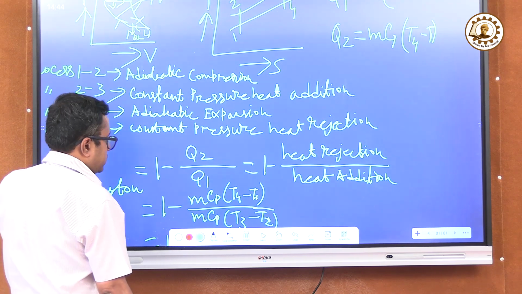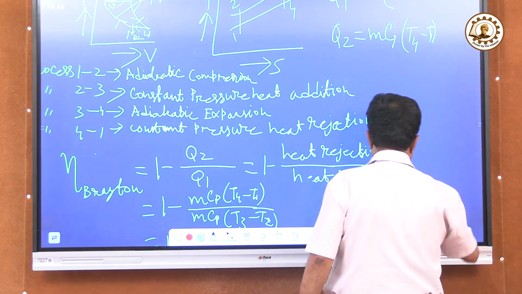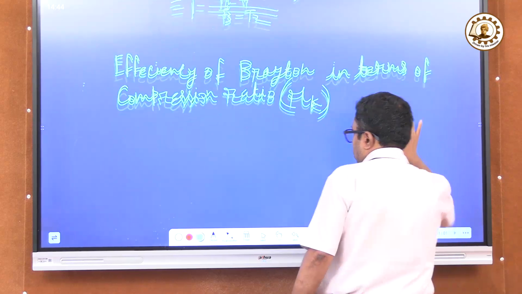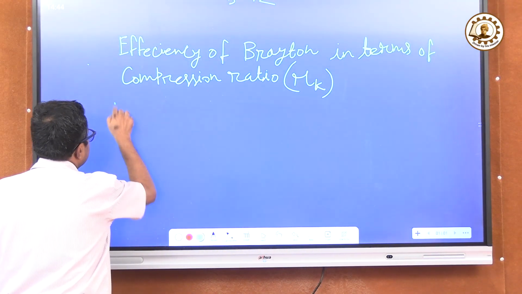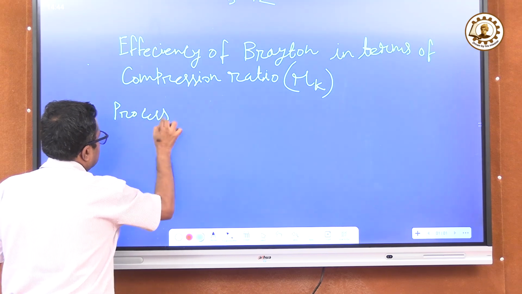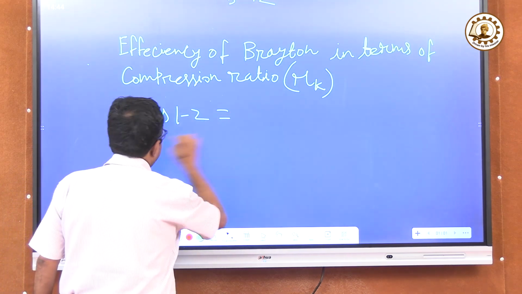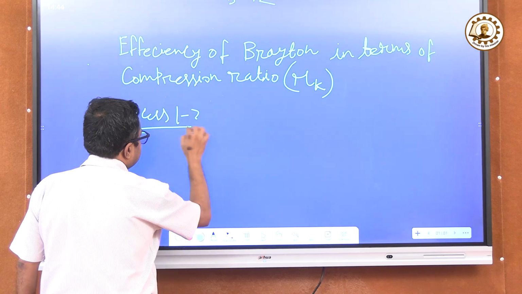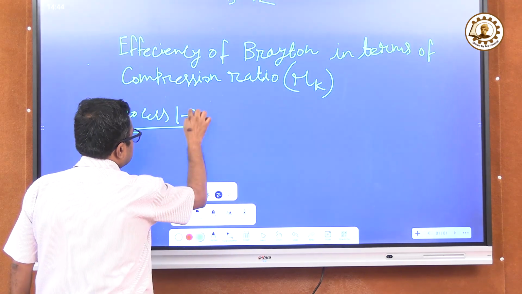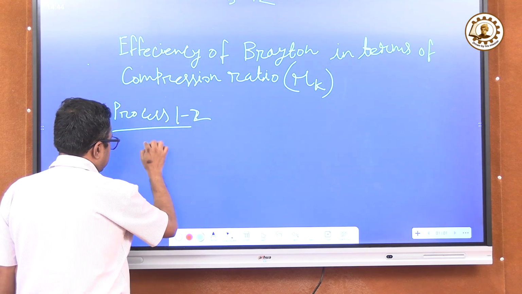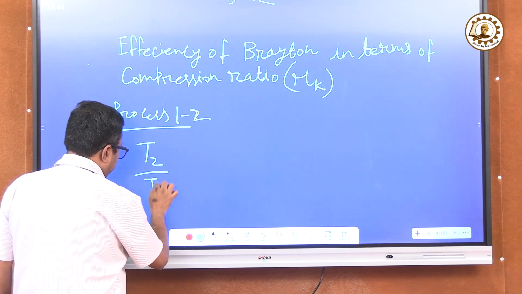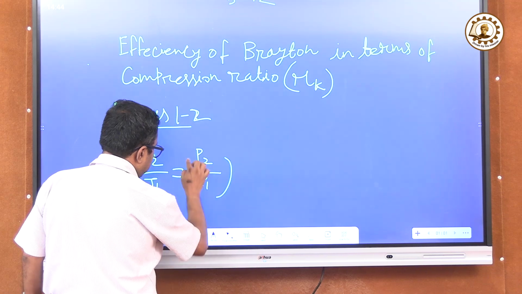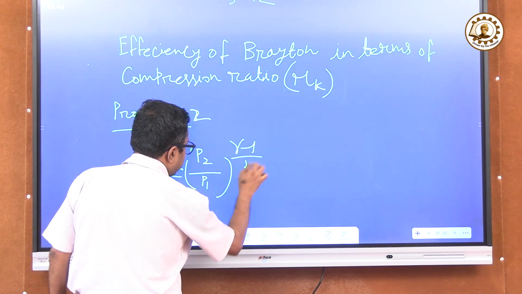As it is adiabatic, we can write T2 by T1 is nothing but (P2 by P1) to the power (gamma minus 1) by gamma.